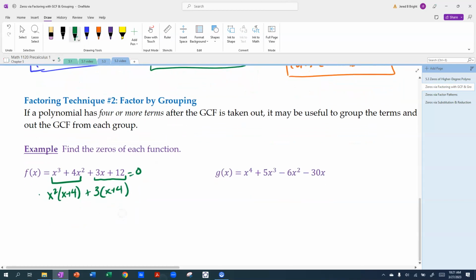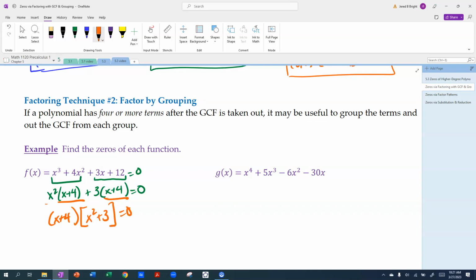Okay, and then in this setup, I can say, okay, well now I see that each term has an x plus 4, so I'm going to factor out that x plus 4 from these two terms, and I would be left with x squared plus 3 is equal to 0.